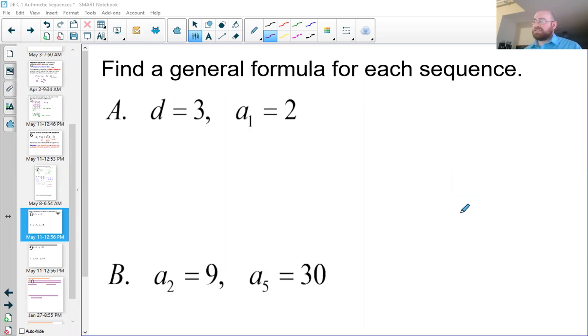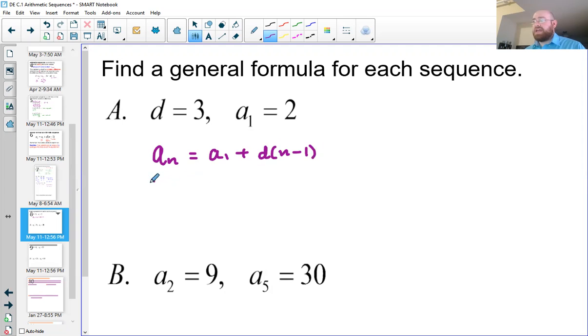So rather than a list of numbers, for this first example, A, we have been given the common difference and the first term. When we have the common difference and first term, it's very straightforward to just plug these into our equation. AN equals A1 plus D times n minus 1.